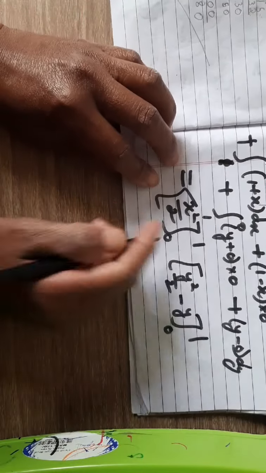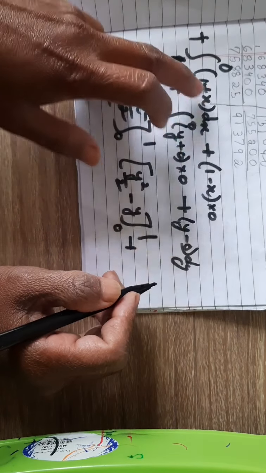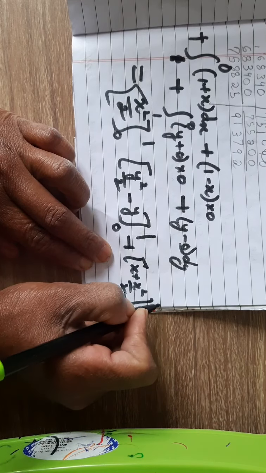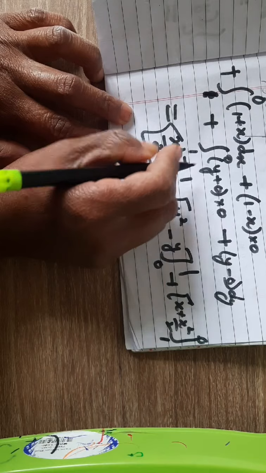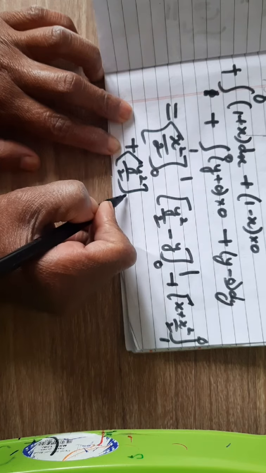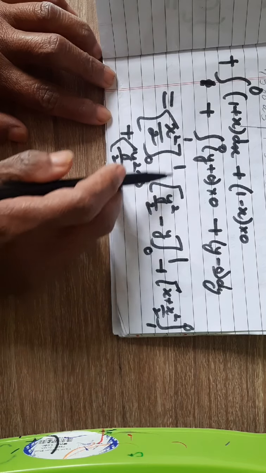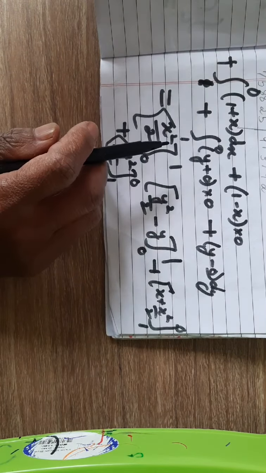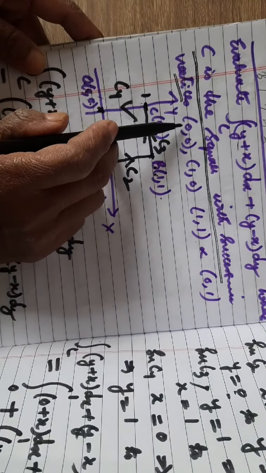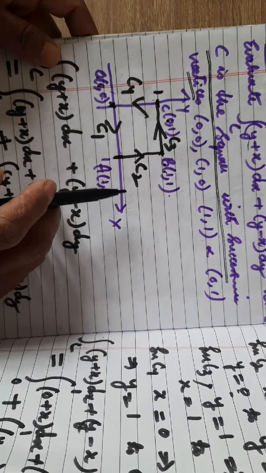Then plus the third integral, where this part will be 0 and here it will become x plus x squared by 2 from 1 to 0, plus the last one, where this part is 0 and here it becomes y dy, so it will be y squared by 2 from 1 to 0. So you can substitute the limits of integration here, and then you'll get the value of that integral over the curve C represented by the square whose vertices are (0, 0), (1, 0), (1, 1) and (0, 1). Hope now it is clear how to evaluate this line integral.